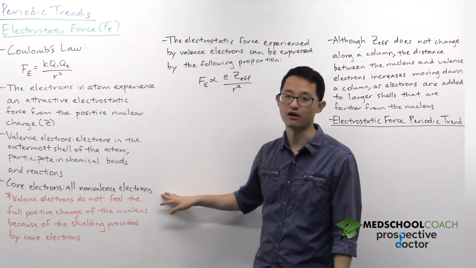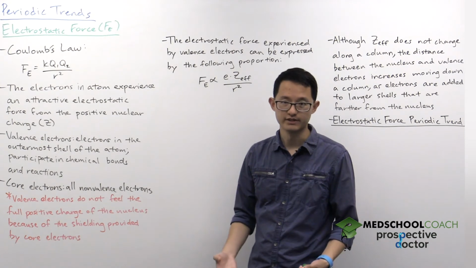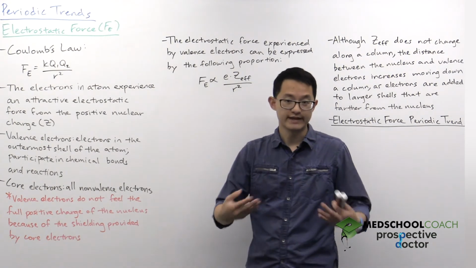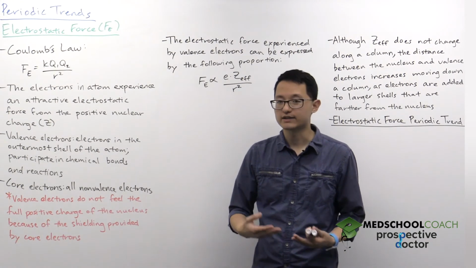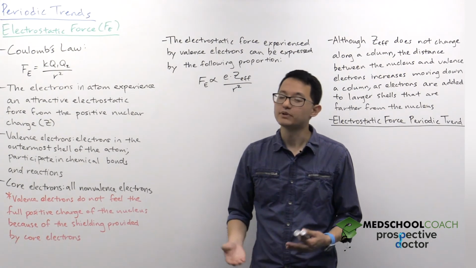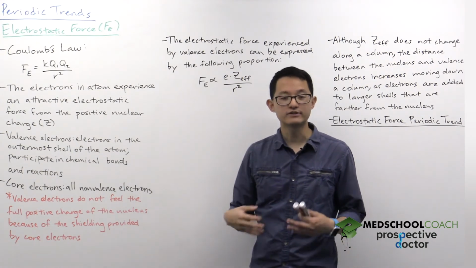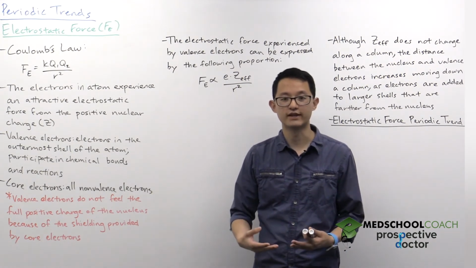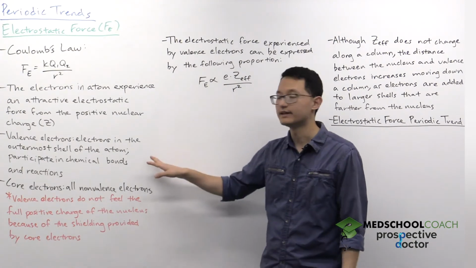Core electrons are all non-valence electrons, and generally they're less important.